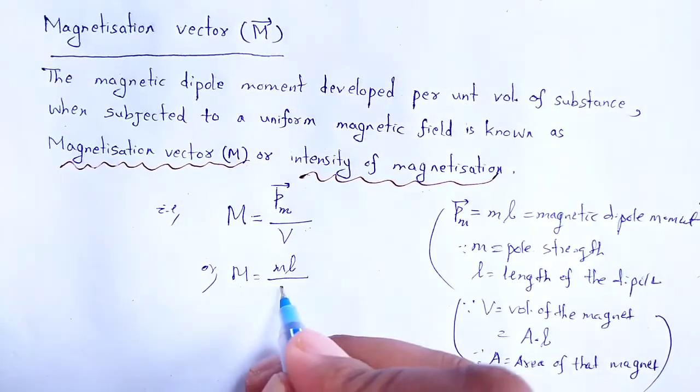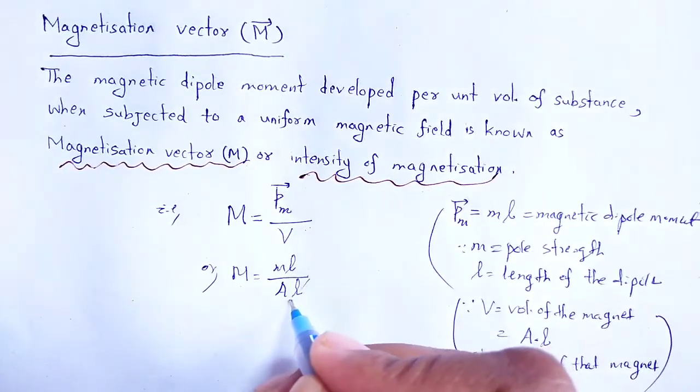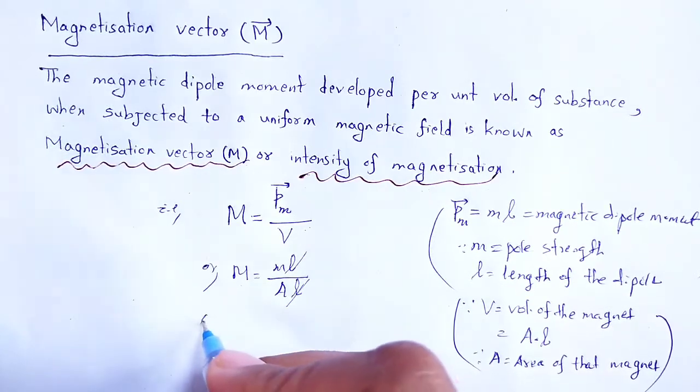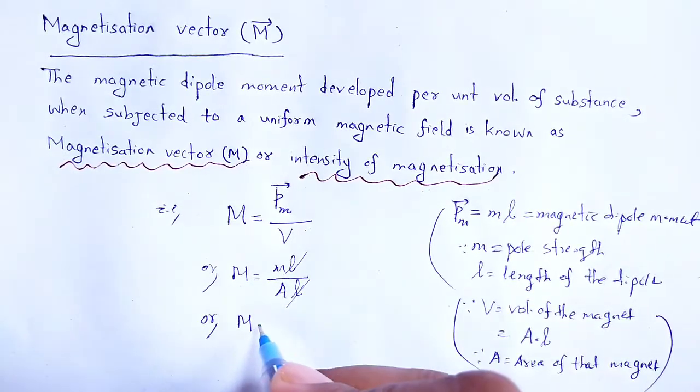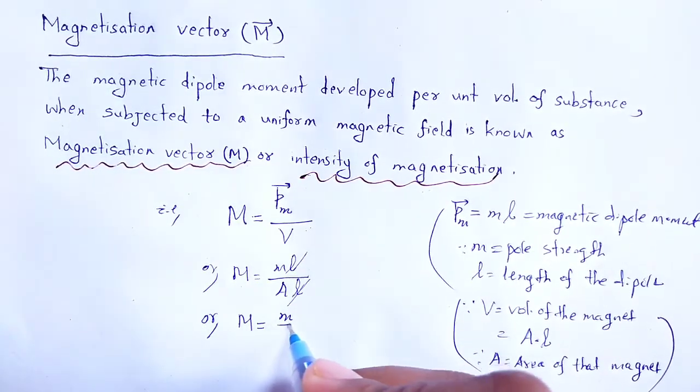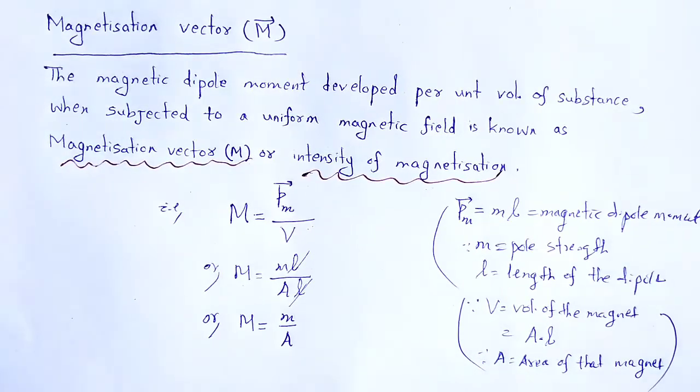Put that value here, A into l, so l and l cancel out. Magnetization vector M is equal to m divided by A.